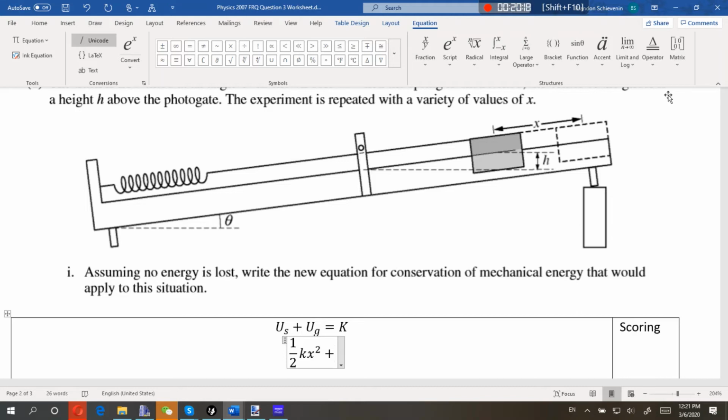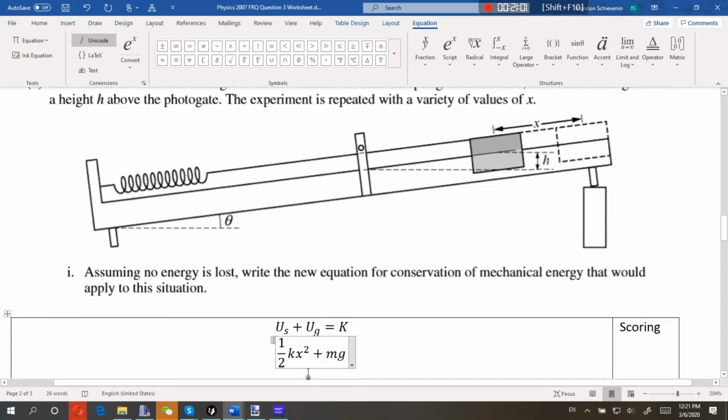Take another look at the picture really quick. If I just look at this part here, we're going to have that extra gravitational potential energy based on our height and our displacement x from that height. So I'm going to have mg, and I want to multiply by how high we are.